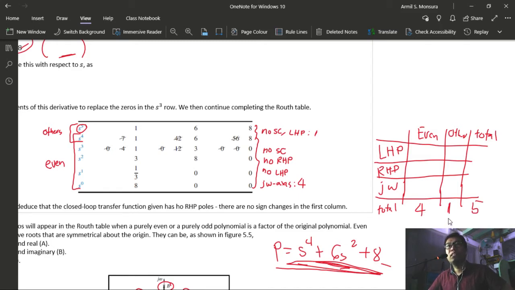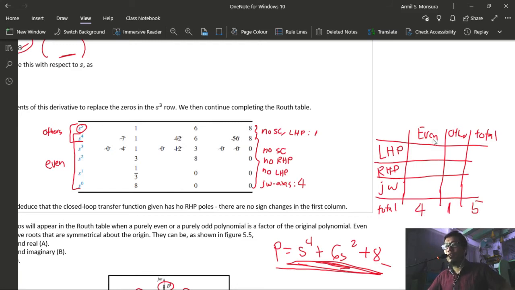Again, sa even polynomial, 4 yung inaasahan nating poles galing doon. Tapos, since 5th degree yung original polynomial, 5 yung poles na hinahanap natin. So, kung 4 galing sa even, isa na lang yung hahanapin natin galing sa others.